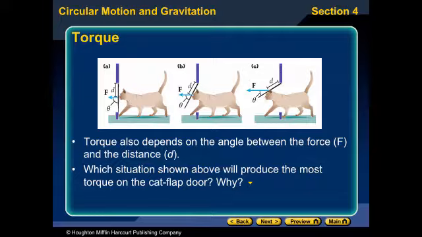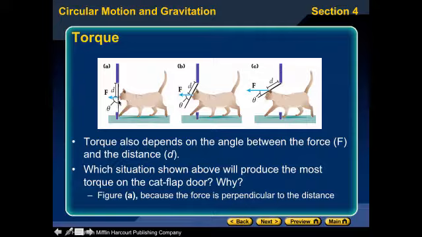Which one gives you the easiest way to open the door? It's the perpendicular force, because all of your force is going in that same direction, whereas if you're applying it at an angle, some of your force is being applied in a different direction. Think of x and y axes, and so you're not getting as much force.